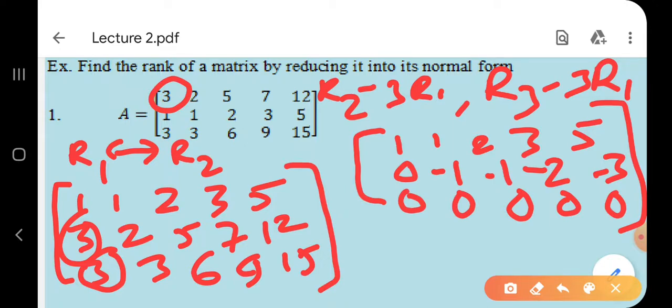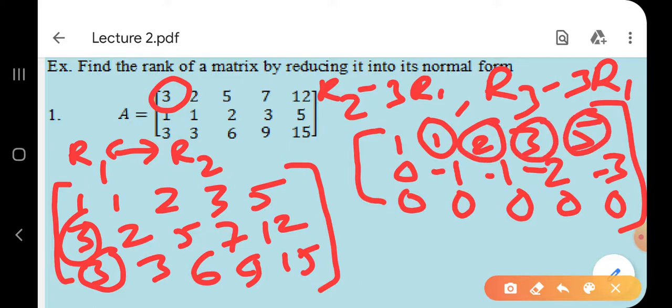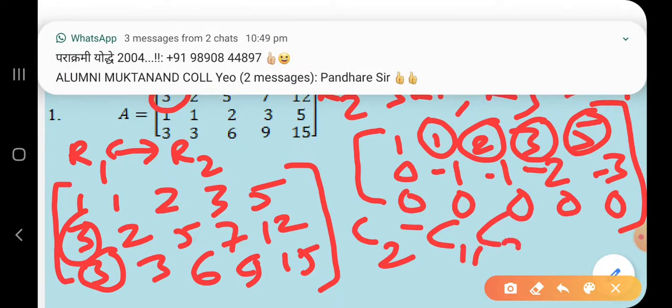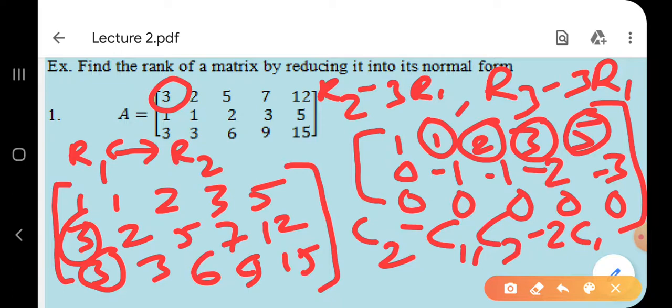So to make normal form, I have to make these elements, column wise elements, 0. So use column operation here. Which column operations are we going to use here? I'm writing this matrix again, and we write the operations: C2 minus C1, then C3 minus twice C1, then C4 minus thrice C1, and the last one is C5, the fifth column, C5 minus 5 C1, correct.